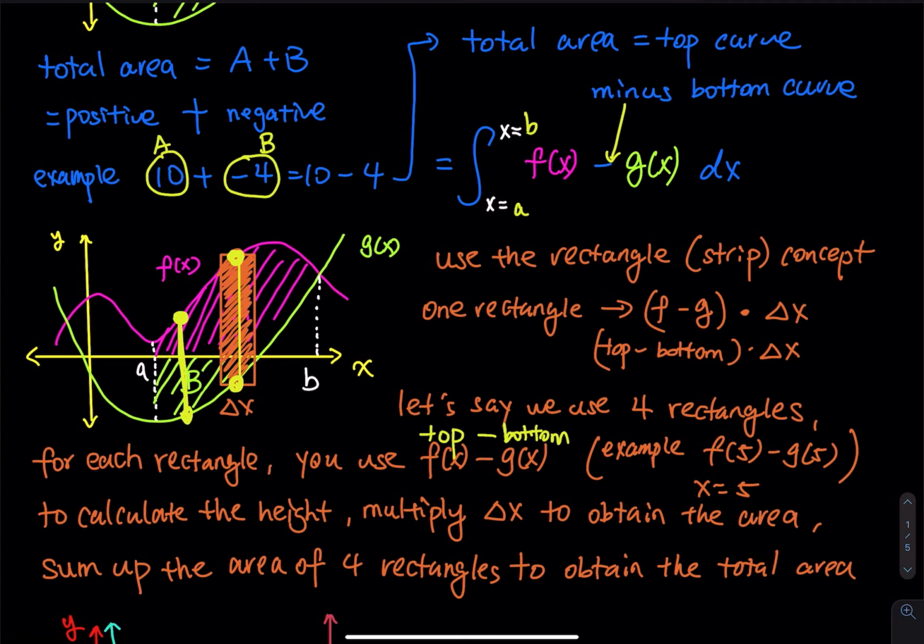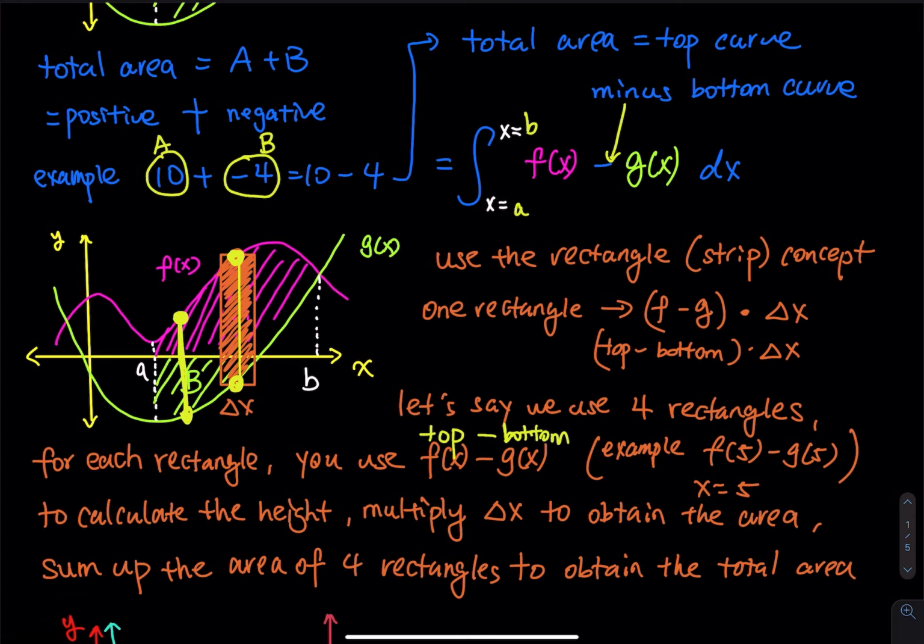Again, this is one rectangle only: you calculate the height and then multiply by delta x to get the area of one rectangle. Since you have 4 rectangles, you do this for all 4, and each rectangle has a different x value. So maybe f of 5, f of 4, f of 3, f of 1, whatever the value is. You get 4 rectangles, right? You add them up, then you get the area.